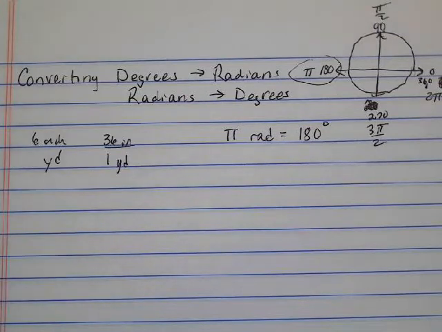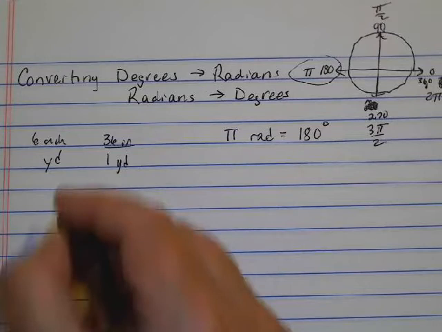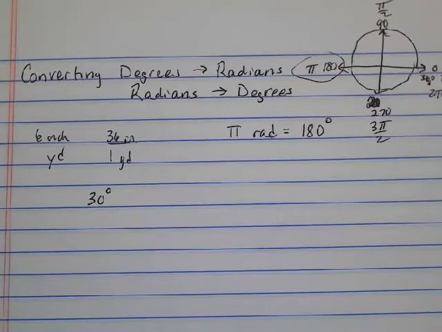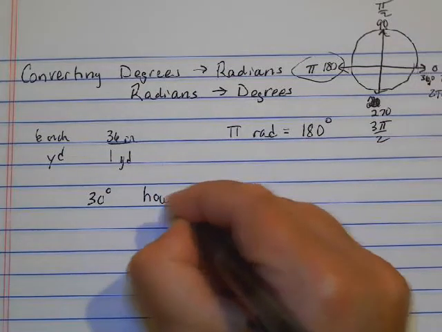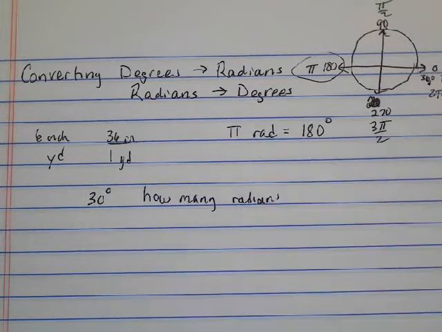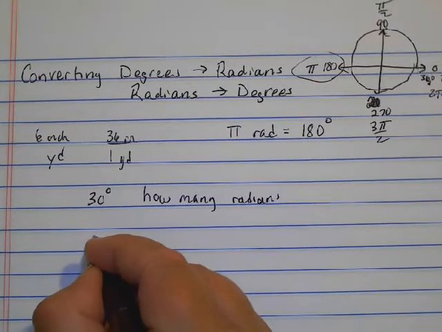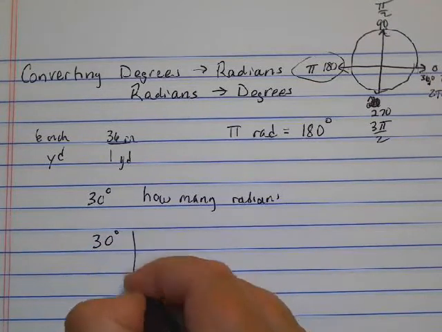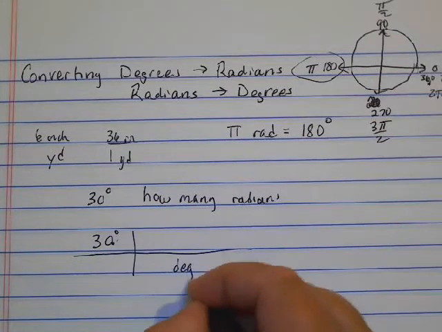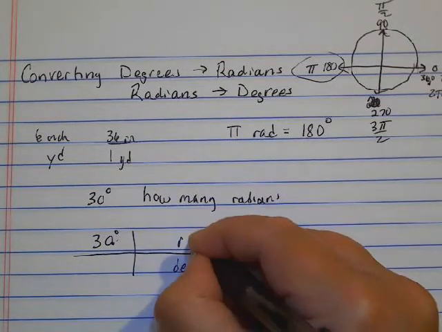And let's just go through and do some conversions together. Let's say I want to convert from 30 degrees and find out how many radians. So I want to go from degrees to radians. If you did this in chemistry, you know you can set up an H-bar. And if you have degrees on top that you're trying to get rid of, you want to have degrees on bottom. So that means I want to have radians on top.